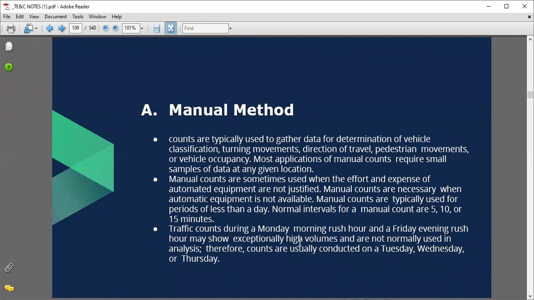During the night hours and the afternoon hours, the number of vehicles moving on the roads is less. So we can collect the big number, and we can take that for whatever further traffic analysis.